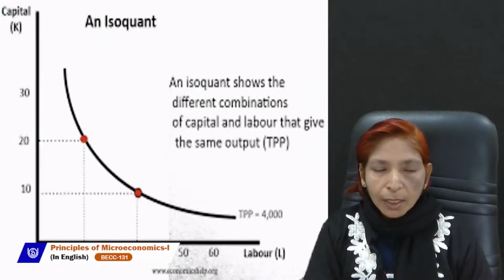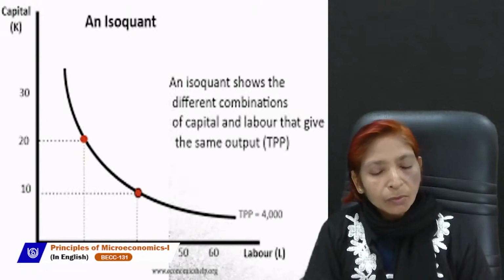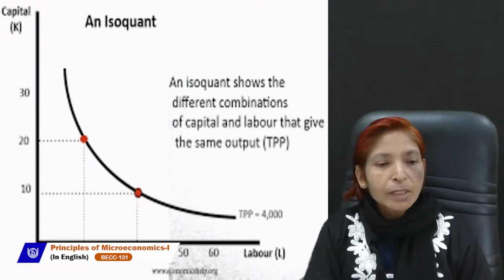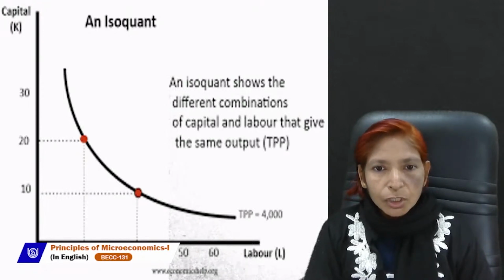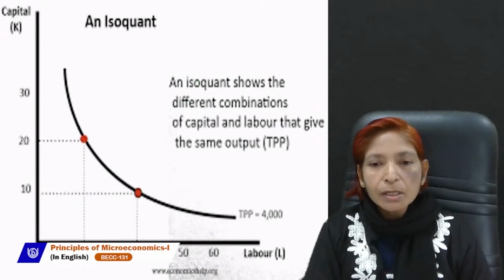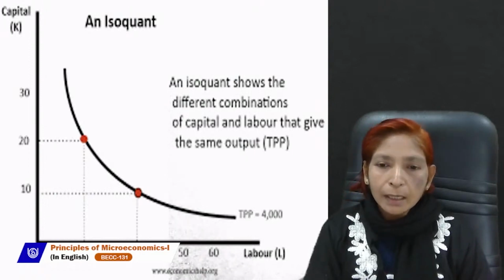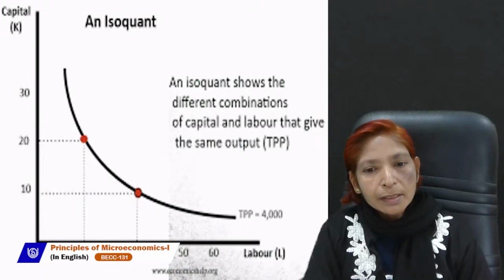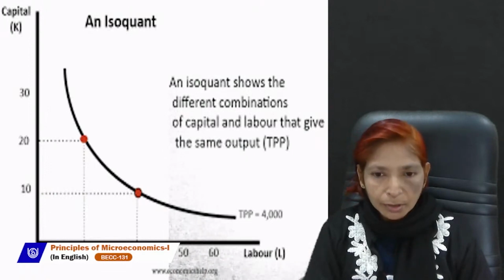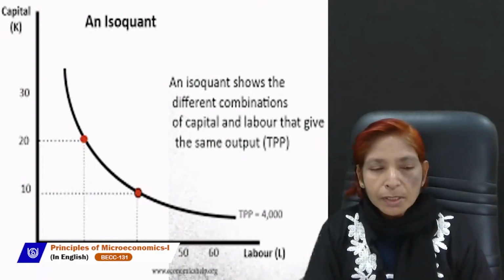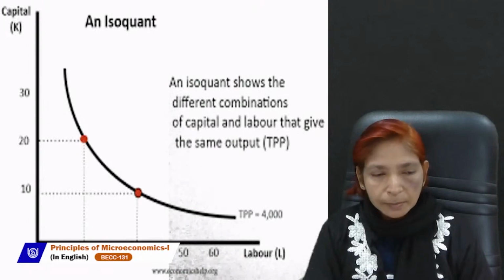Next is the isoquant curve, which is always a downward sloping curve, which is always convex to the origin, which shows the different combinations of capital and labor that give the same level of output. Same output or same total physical product.